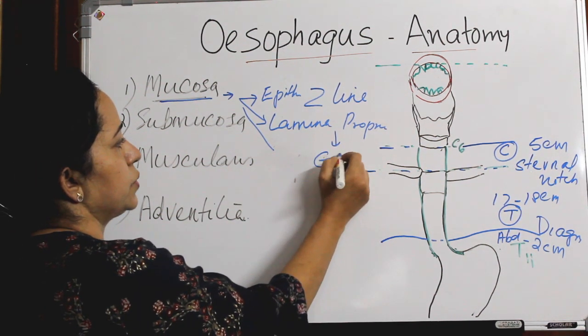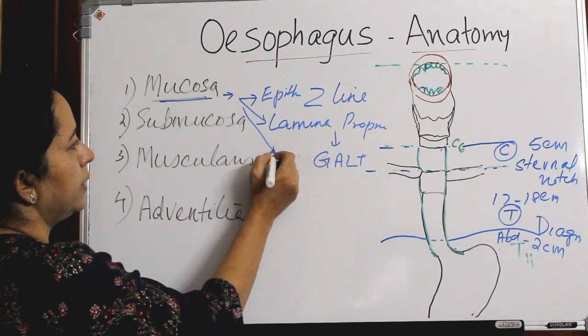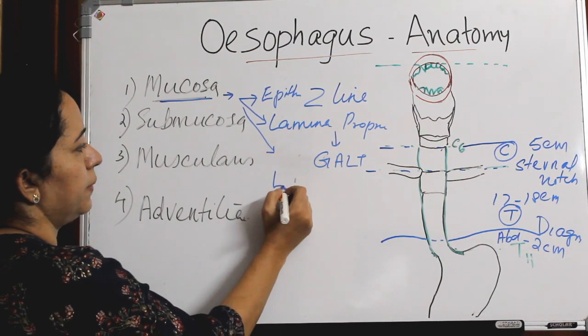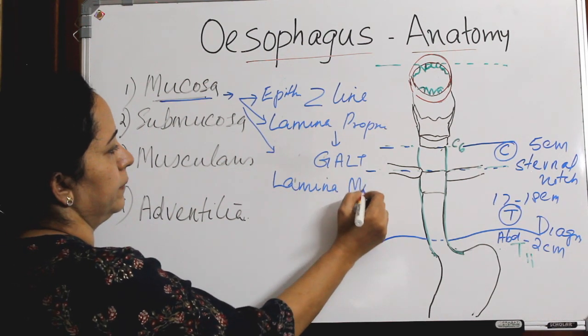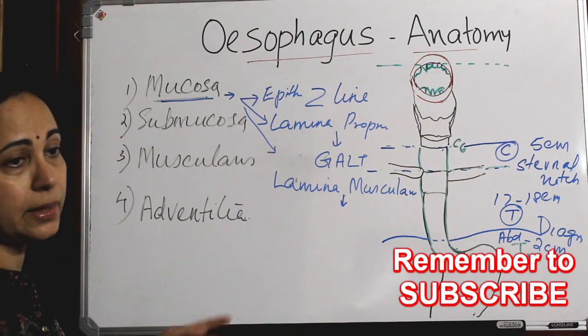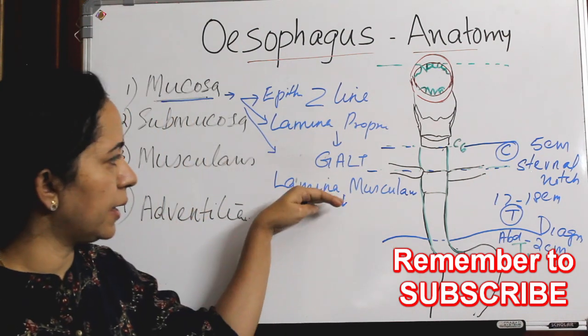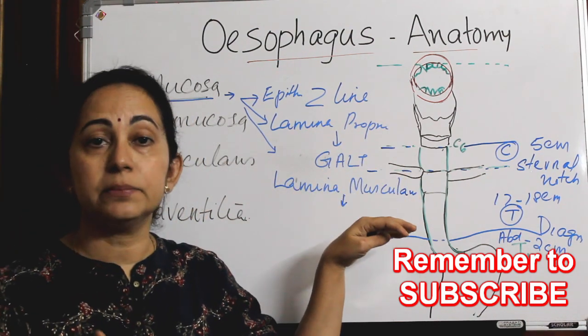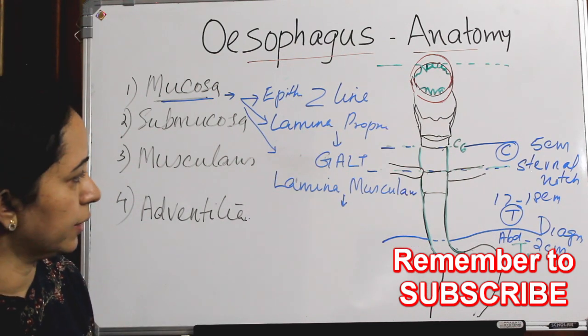The next is the lamina muscularis, which mainly contains smooth muscle tissue and elastic fibers, and this lamina muscularis becomes thicker as it descends towards the stomach end or the cardiac end.